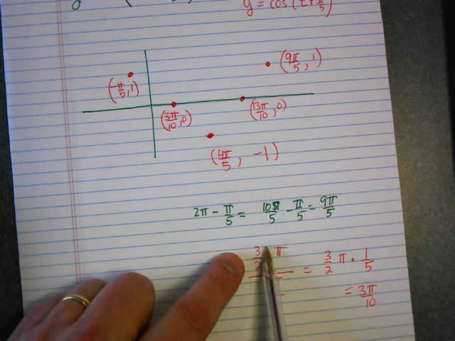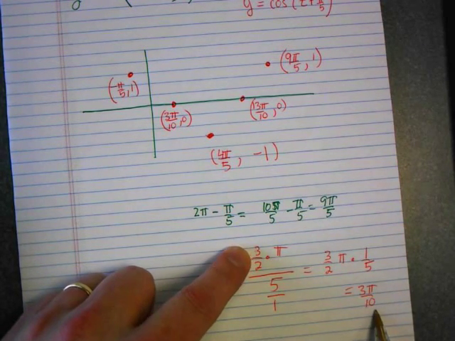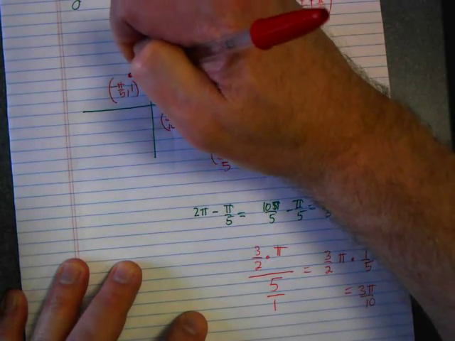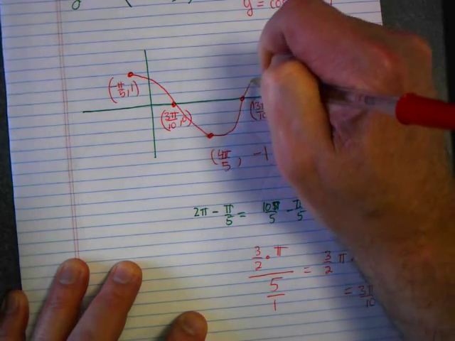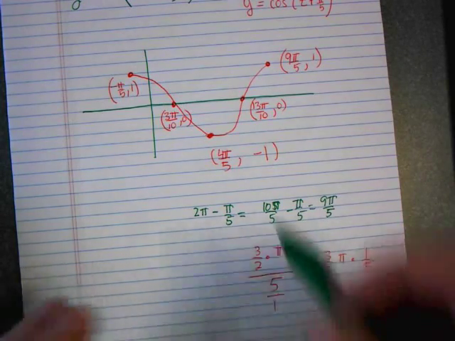Same trick as I had here, except I'd have 13 over 2. I would flip and multiply, and I'd get 13 pi over 10. Okay, so there's our one cosine wave. That one was a little bit harder to draw because somebody had to be mean and pick pi over 5. Guess that was me.